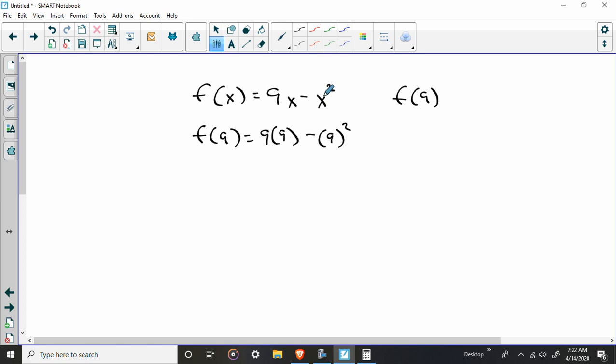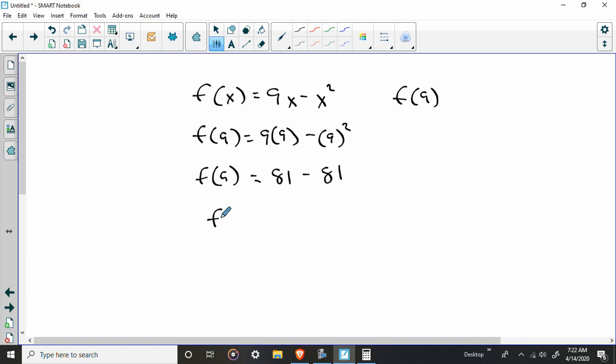Please make sure you put this inside parentheses, so we get the right answer. You can't have that negative in the front. Let's do the 9 squared, following proper order of operations. 9 squared is 81. Now we can drop those parentheses. The next step is the multiplication: 9 times 9 is also 81.